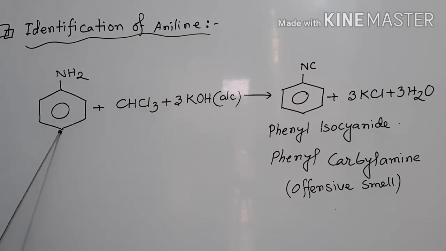If aniline is heated with chloroform and alcoholic potassium hydroxide, then it produces an offensive smelling compound, phenyl isocyanide, and this compound is also named phenylcarbylamine. By this reaction we can identify aniline.